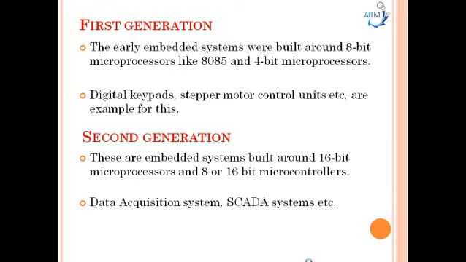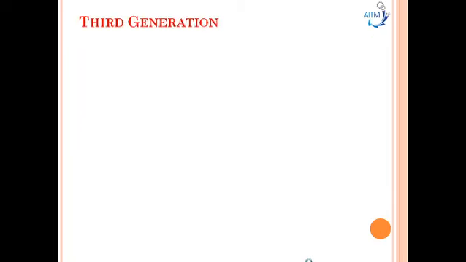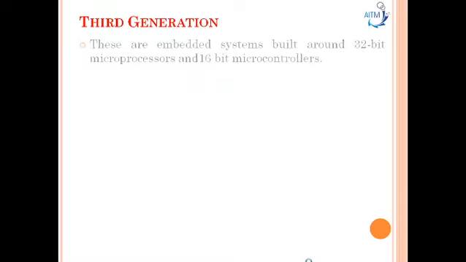Now coming to the third generation, these are embedded systems built around 32-bit microprocessor and 16-bit microcontrollers. In this generation, a new concept of application and domain specific controllers like digital signal processors and application specific integrated circuits are introduced.